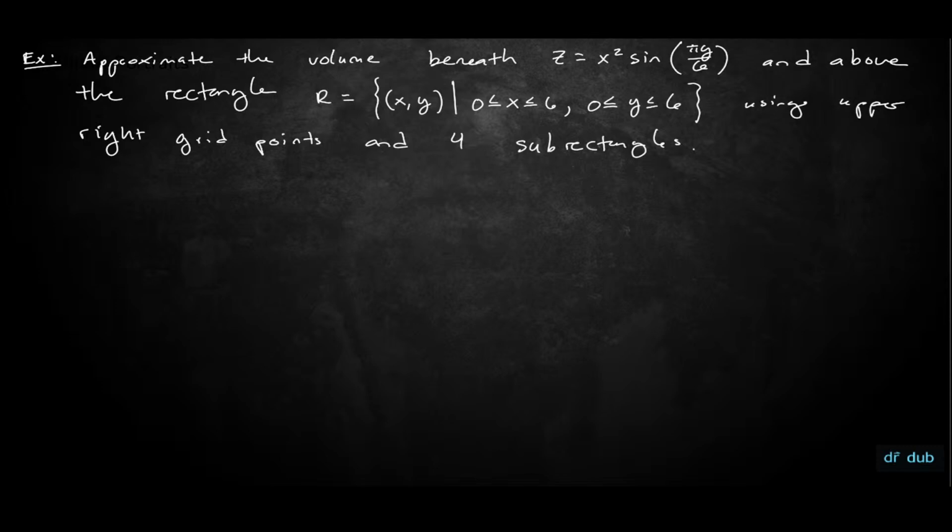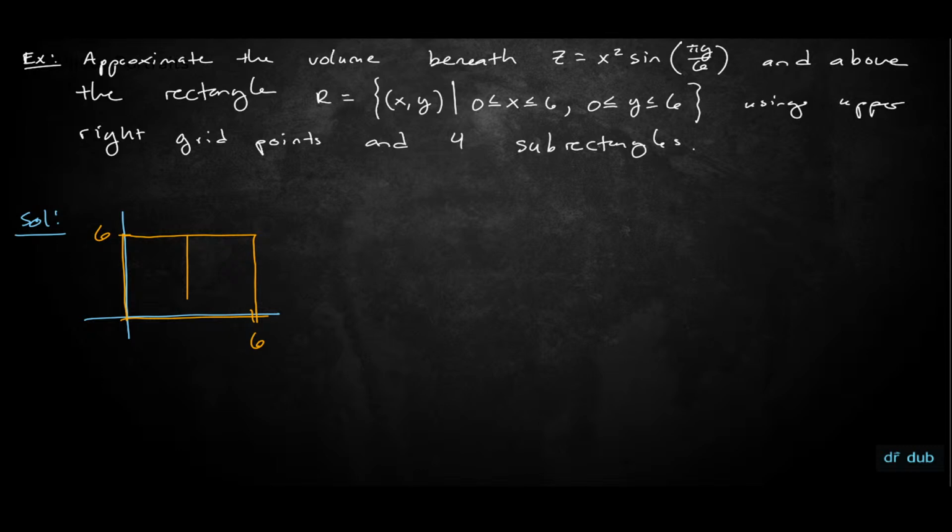And if we want to divide this rectangle into 4 subrectangles, all I have to do is cut this in half right here at x equals 3, and then cut it in half right here at y equals 3 as well. So that creates 4 equal sub-rectangles.